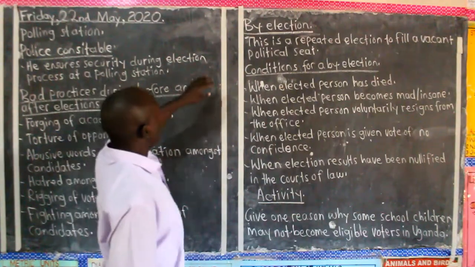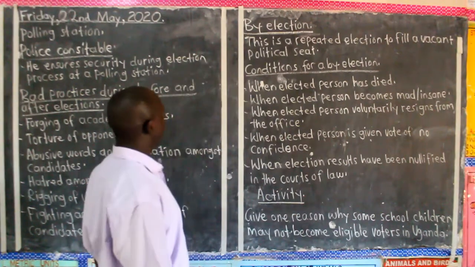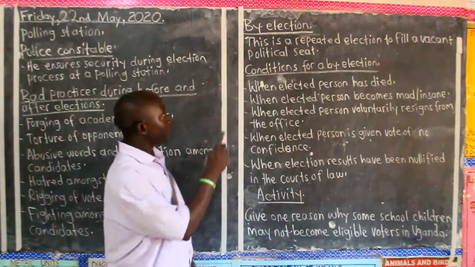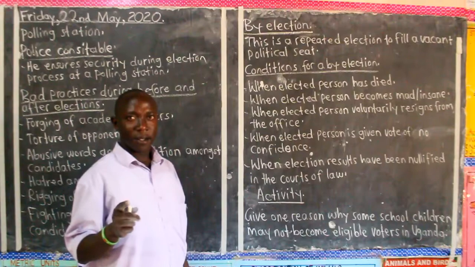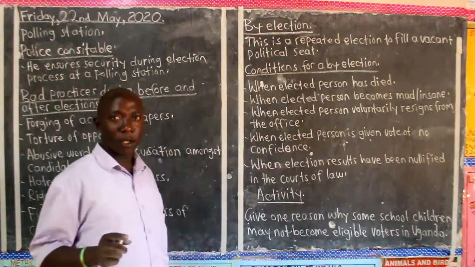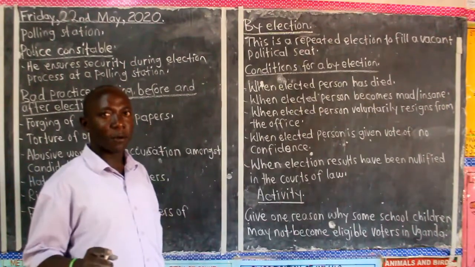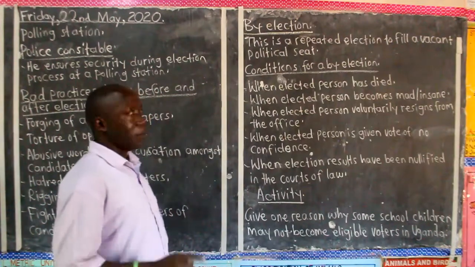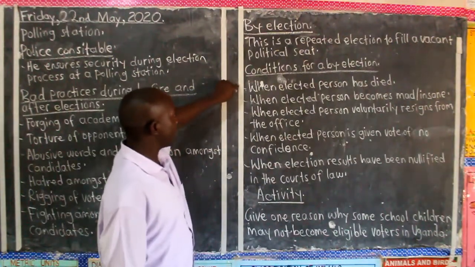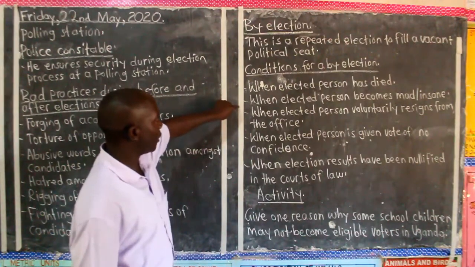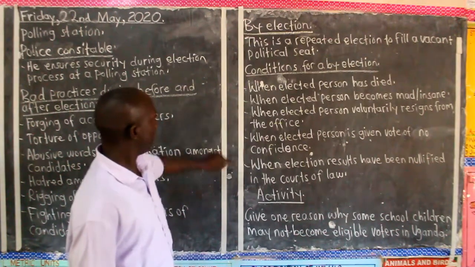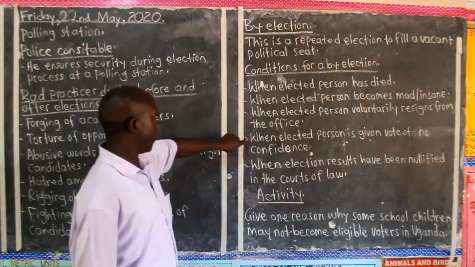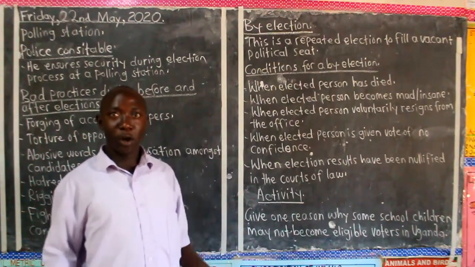So, what do we mean by by-election as a term related to the electoral commission? This is a repeated election to fill a vacant political seat. Any repeated election to fill a vacant political seat is what we refer to as a by-election. Conditions for a by-election include when the elected person has died, when the elected person becomes mad or insane, when the elected person voluntarily resigns from office, when the elected person is given a vote of no confidence.